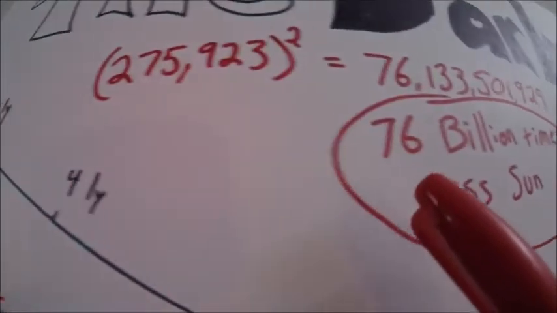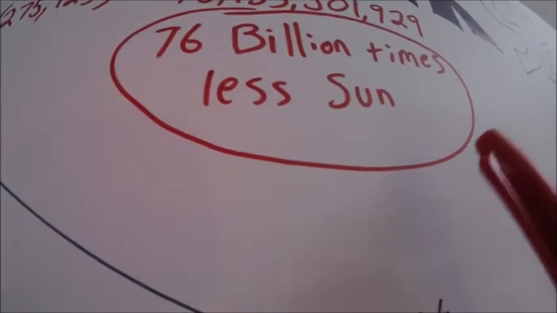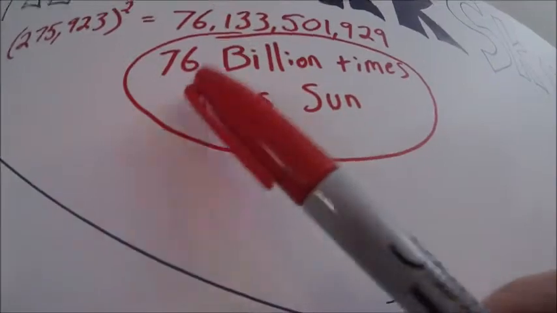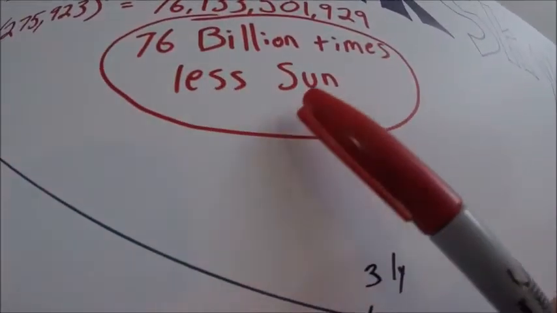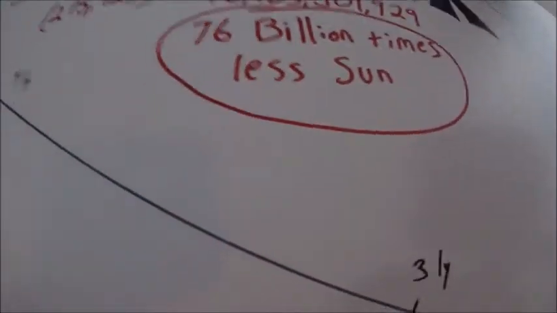And you have to square that, remember? You have to square it. 76 billion times less sun. If the sun were here, it would appear 76 billion times less bright. Oh my God!